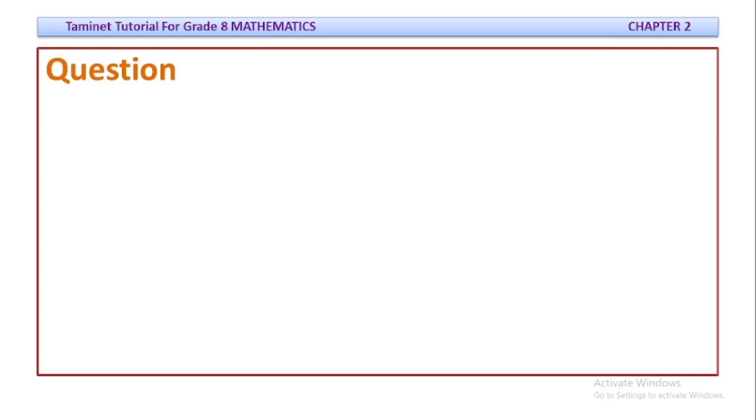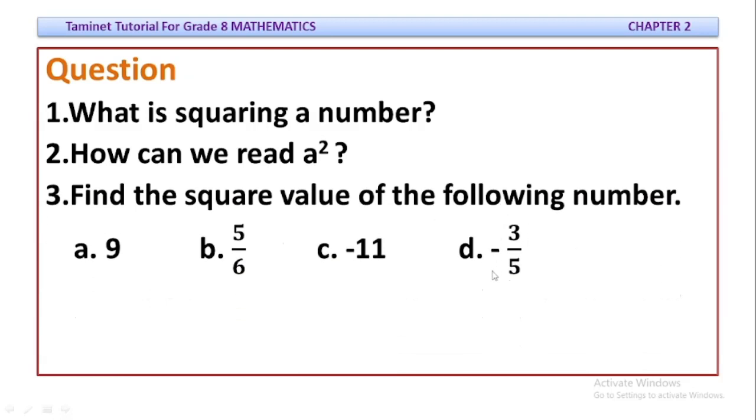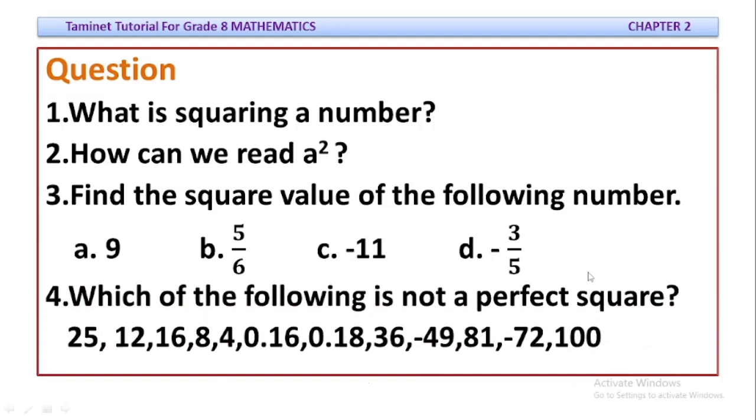So based on this session, let's answer the following questions. What do you mean by squaring a number? How can we read this determination? Number 3, find the square value of the following numbers A, B, C, and D. How can we calculate the square of a given number? Which of the following is not a perfect square?